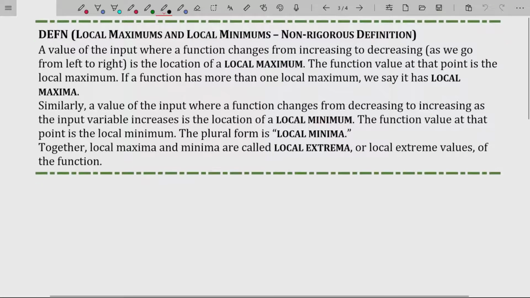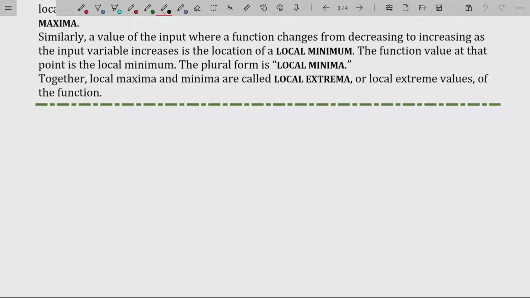Let me draw that before we read the rest of that. So we have these inputs here, and they told us we have a function that goes from increasing to decreasing. I hope you realize that that's the point right here, where the function goes from increasing to decreasing.